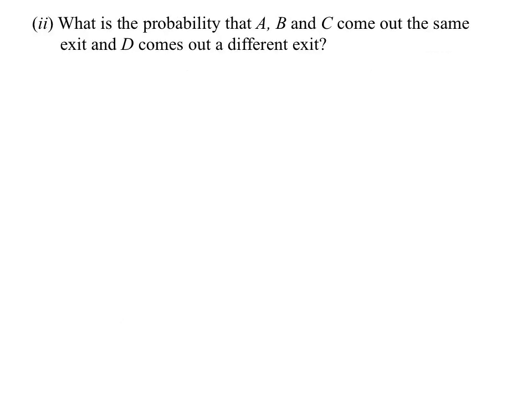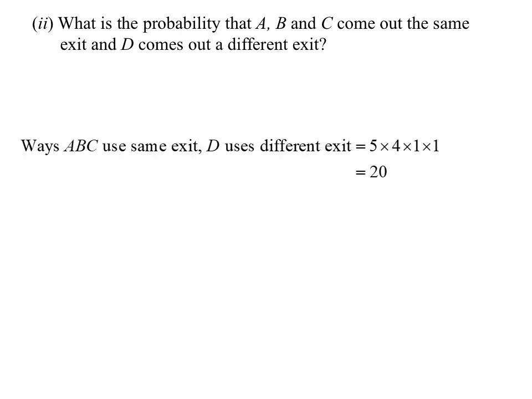But then they said, well, how about this? What's the probability that A, B and C come out the same exit and D goes out a different one? So the number of ways A, B and C can use the same exit, and then D uses a different exit. So I'm going to imagine D left first. Now D could go through any door. It's got 5 possibilities.